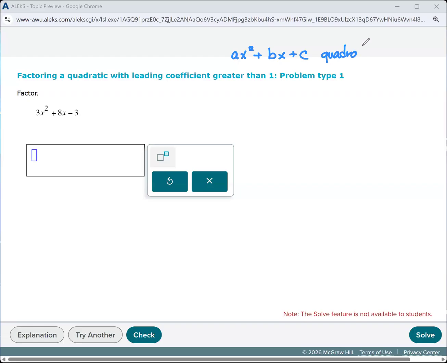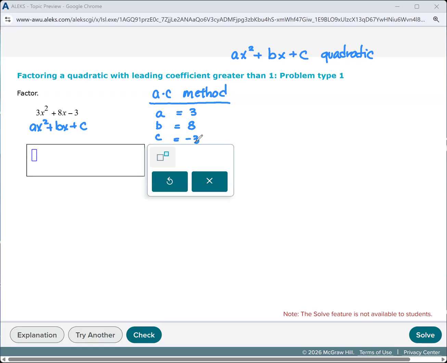The important thing in the AC method is to identify a, b, and c. And again, it's important to keep track of our signs. So in this quadratic where we have 3x squared plus 8x minus 3, our a is positive 3, our b is positive 8, and our c is negative 3.